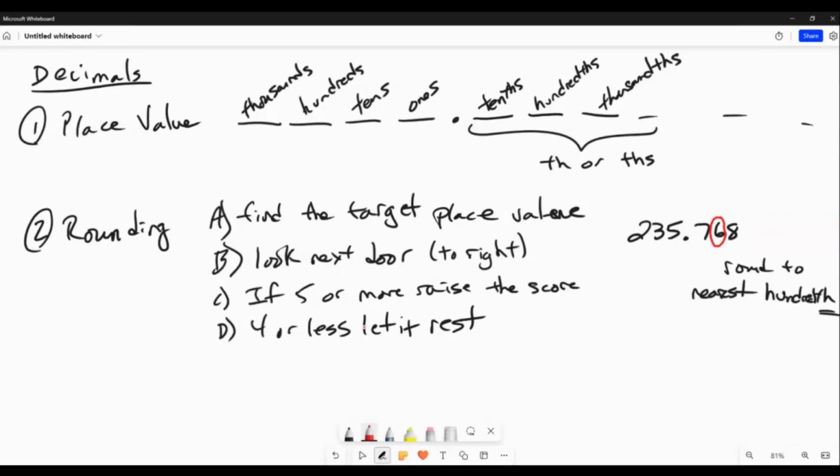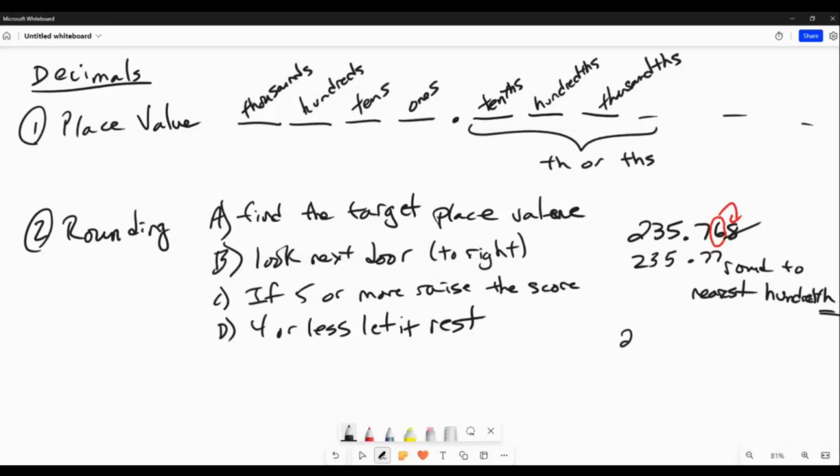Second decimal place after the decimal point to the right. Find the target. Then look next door. If that number is 5, 6, 7, 8, or 9, the target number bumps up. So this becomes a 7. Anything in front stays the way it was. And if it's after the decimal point, we drop everything after.